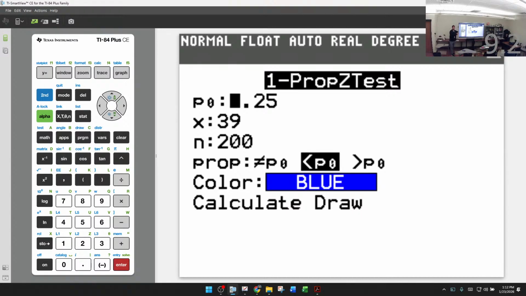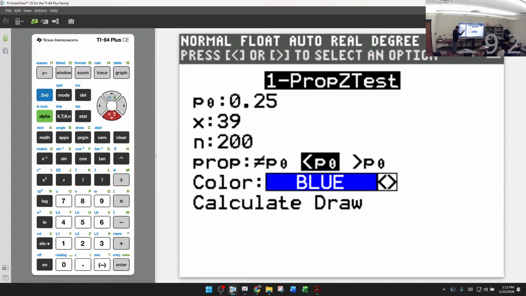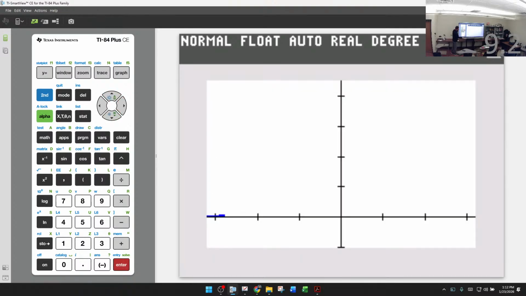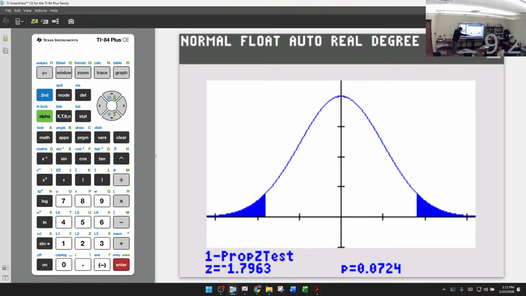So you don't have to double it if you're doing all in here. Prove it. Boom, boom, and I got 0.07. So the calculator will double it for you. The time that you need to double it is when you're just calculating the p-value from the z critical value.